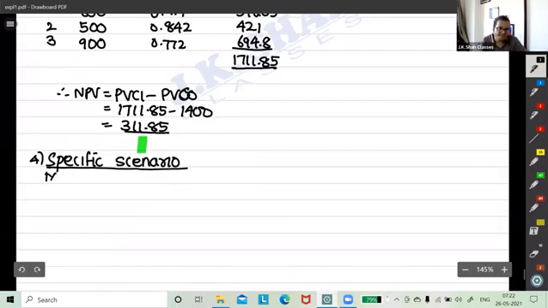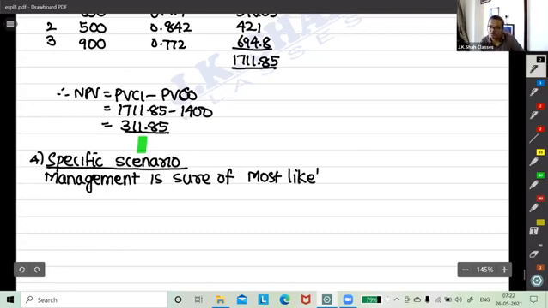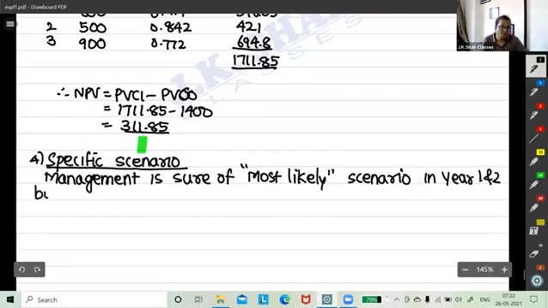Management is sure of the most likely scenario in year 1 and 2, but not sure about the third year.